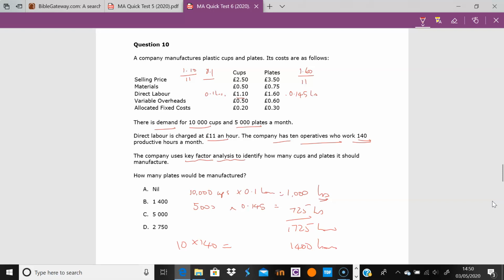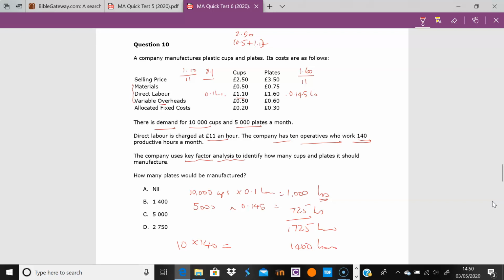Let's look at the cups. My contribution for each cup is £2.50 minus 0.5 plus 1.1, plus, I missed that up there, plus 0.5, that's variable as well.